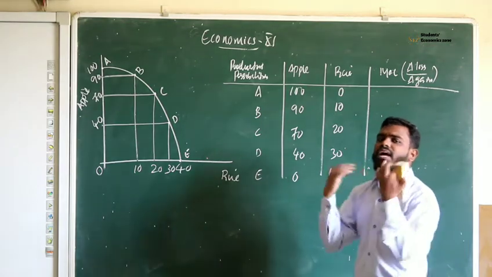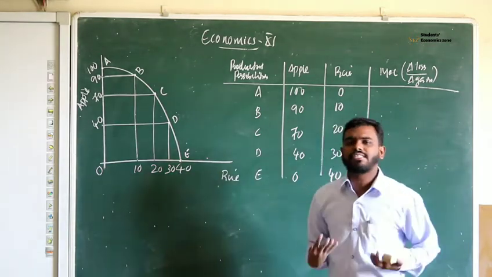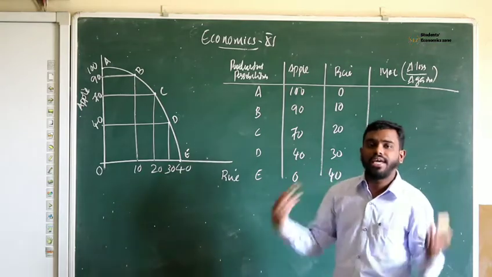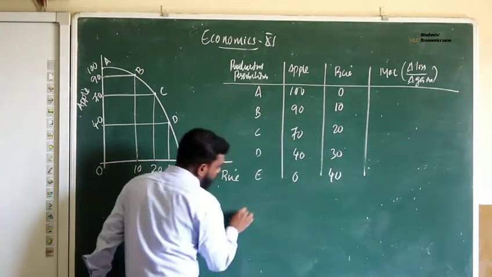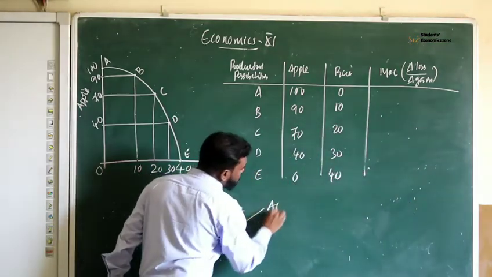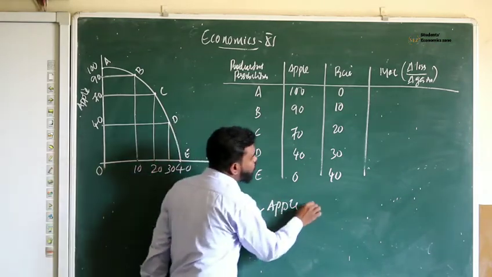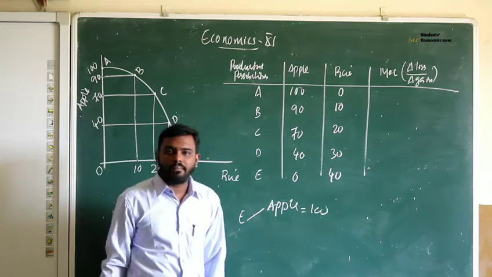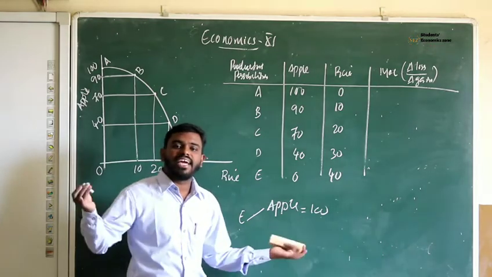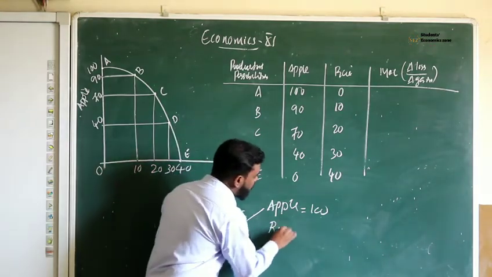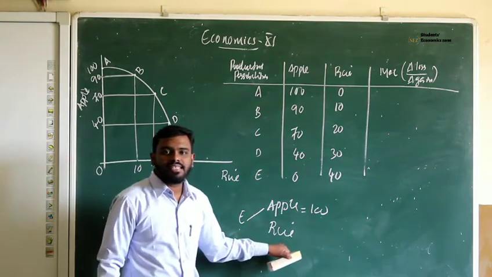Okay, so if the economy is fully utilizing its resources for the production of apple only, then how many units of apple can they produce? 100 units of apple. At that time, how many units of rice are they sacrificing?